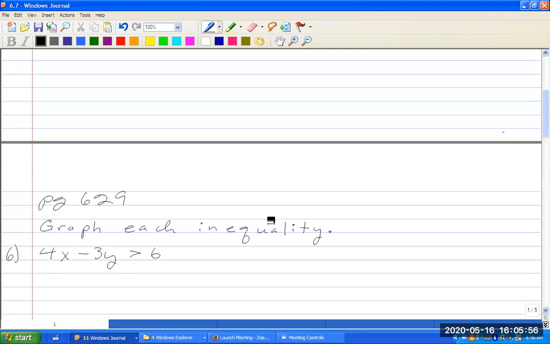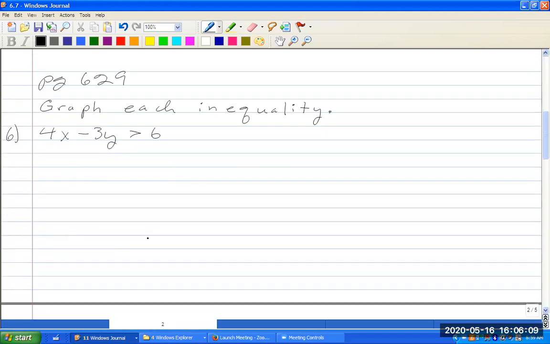First off, let's just graph this inequality: 4x minus 3y greater than 0. I want to write it in standard form.